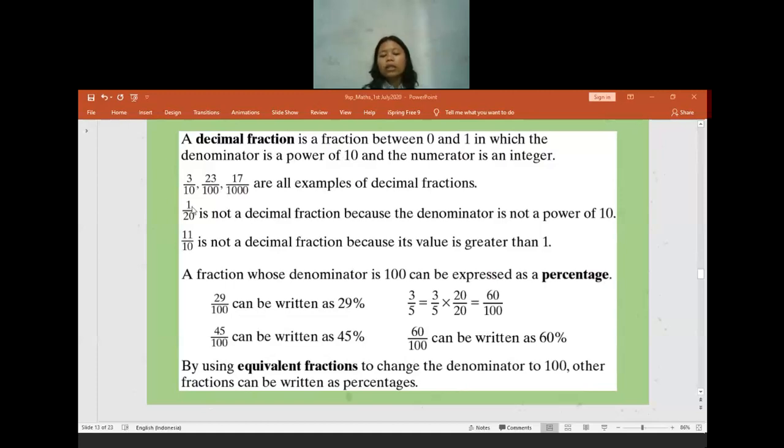If I have 1 per 20, 20 is not a power of 10, it's only a multiple of 10. That's why 1 per 20 we cannot call a decimal fraction. Even here, 11 per 10 is not a decimal fraction because the numerator is bigger than the denominator.